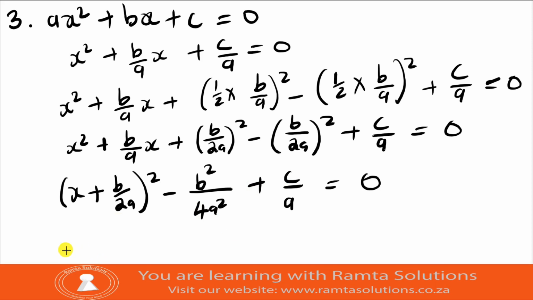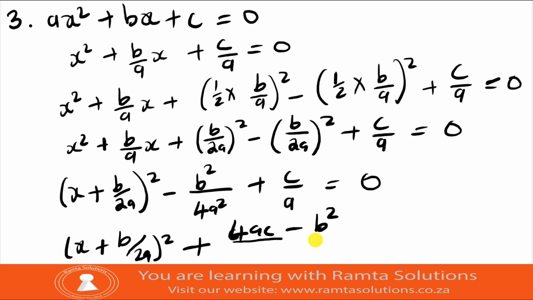So it will be x plus b over 2a all square, plus, hear me out, 4ac minus b squared all over 4a squared equals 0.